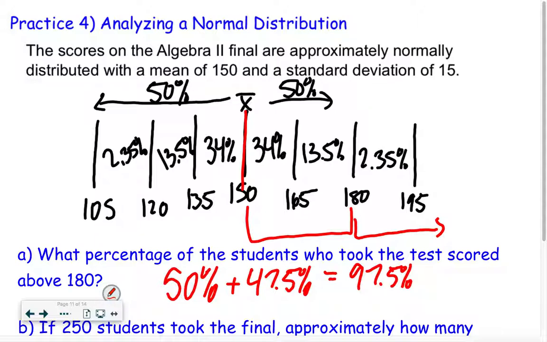So is that 97.5% who got above 180? No. It's the ones that got less than. So how do I figure out how many got above? Yeah. 100 minus 97.5, what do I get? So 2.5% of kids got above 180. Okay, you try B.